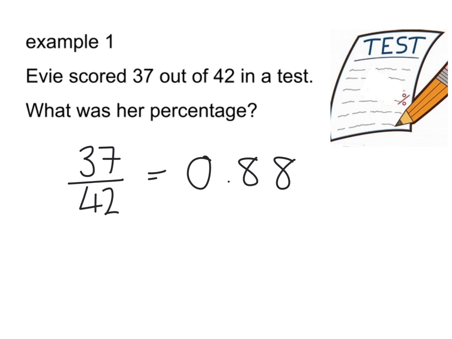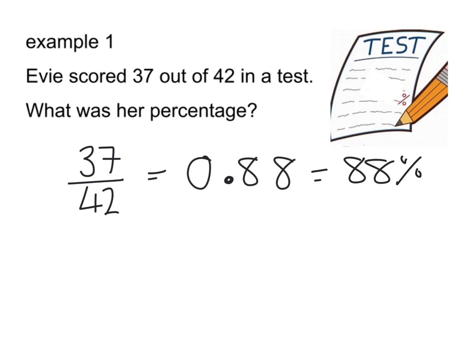But with a calculator, instead of pressing equals, you could times by 100 all in one go, and it would give you 88.0952 as a percentage. If I'm doing your test score, I would always tell you a full percentage. So let's recap. As a decimal, it gives you that, which is the same as 0.88, which gives you 88%.